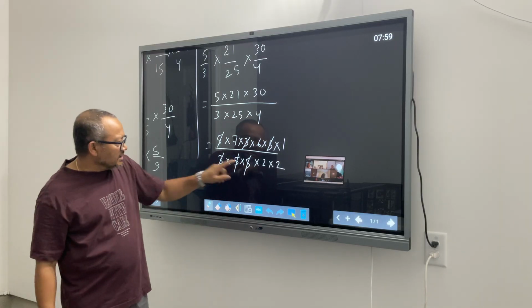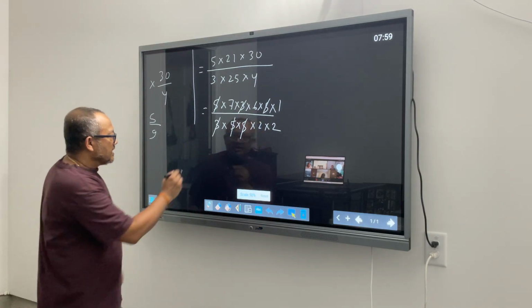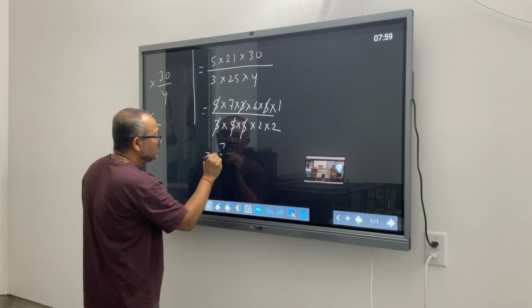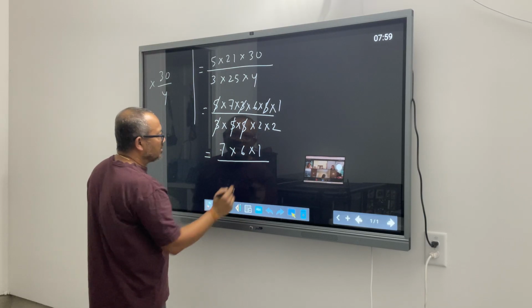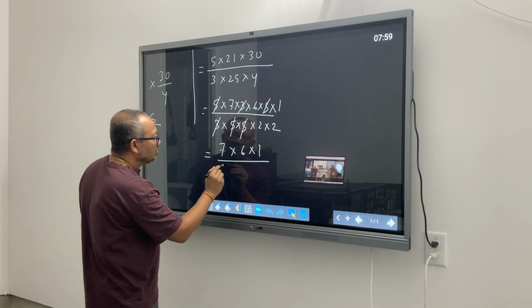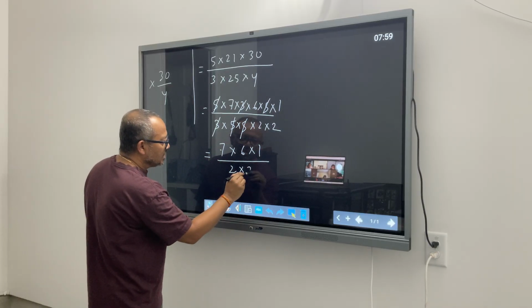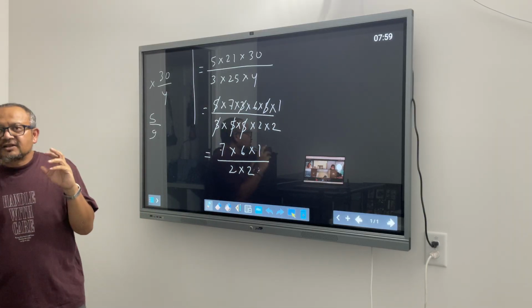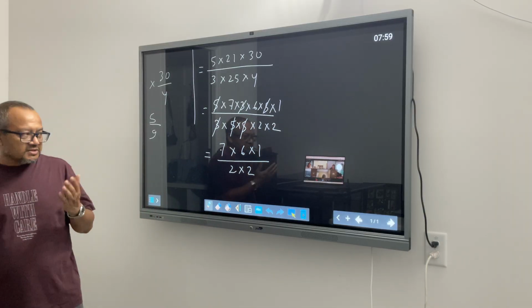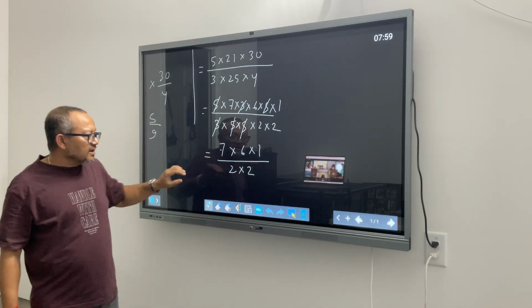Okay. See now, what are we left with? 7 into 6 into 1 divided by 2 into 2. Now, see, tic-tac-toe is not something that you have to do only once. If you see that you can break it further, you can break it further.